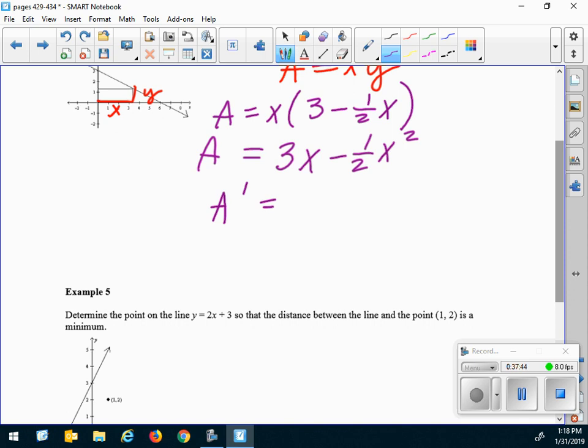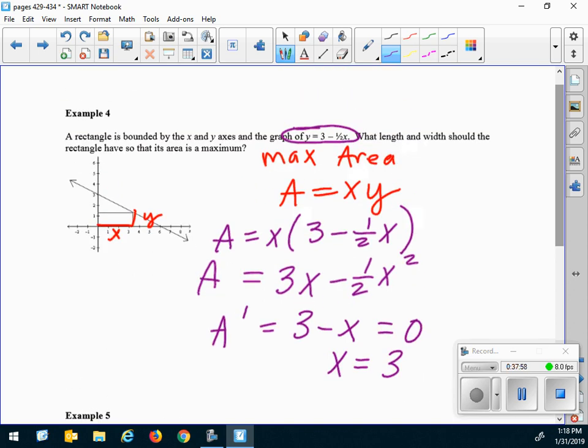What's A prime? Oh, that's nice. 3 minus X. There's that X. That's where we substituted. So it's X times that Y value.